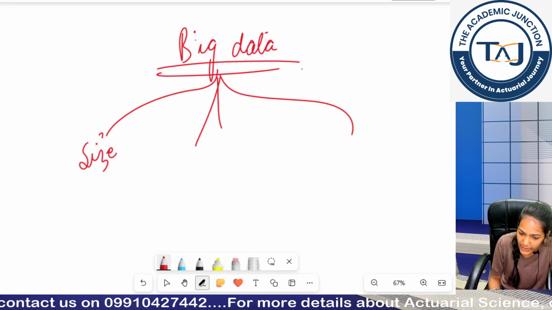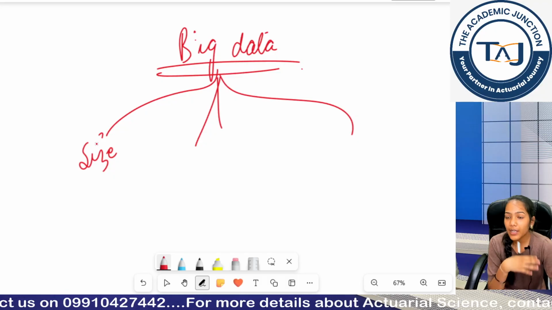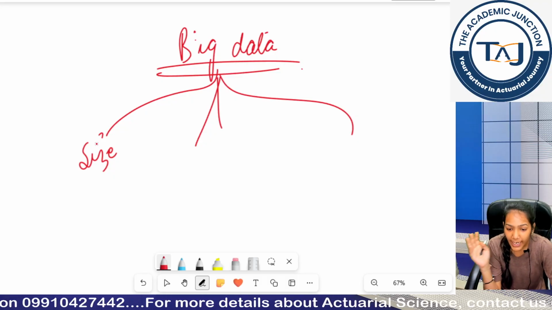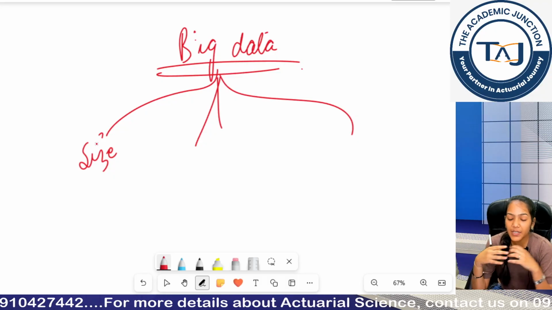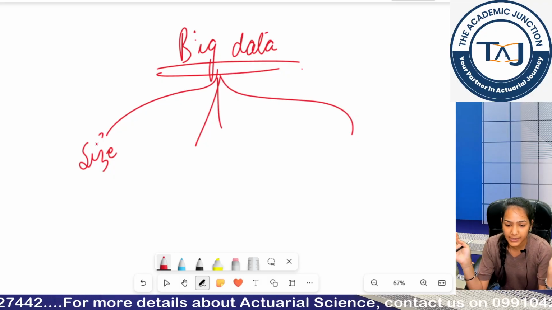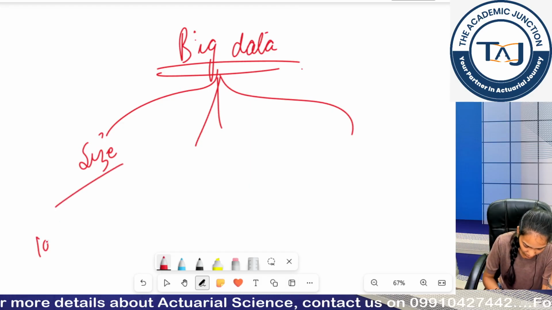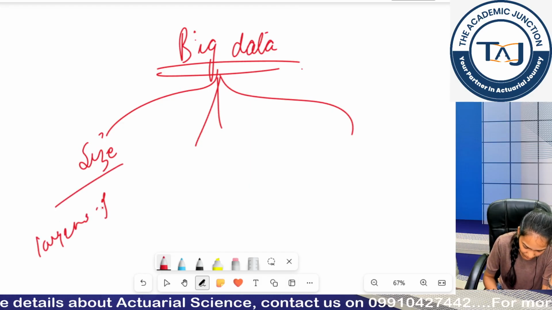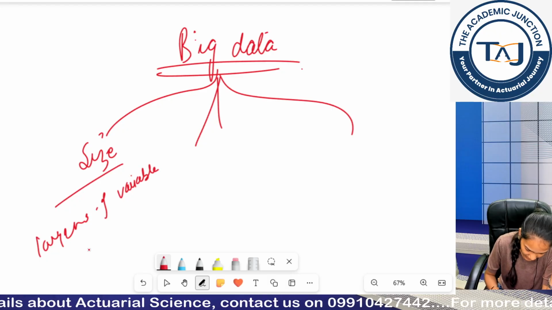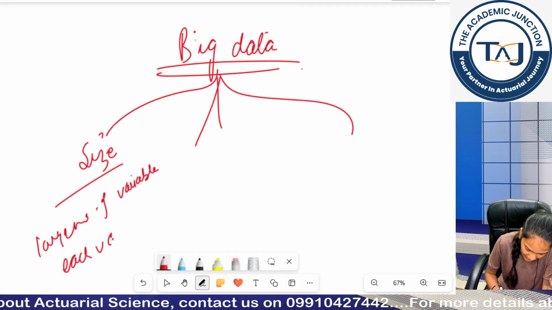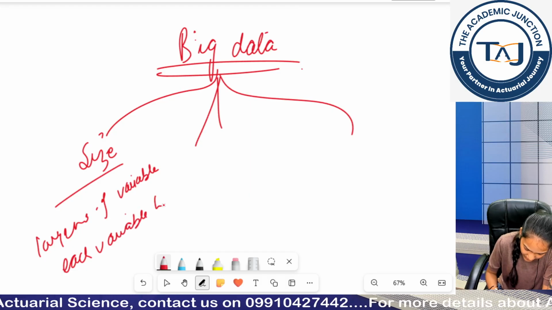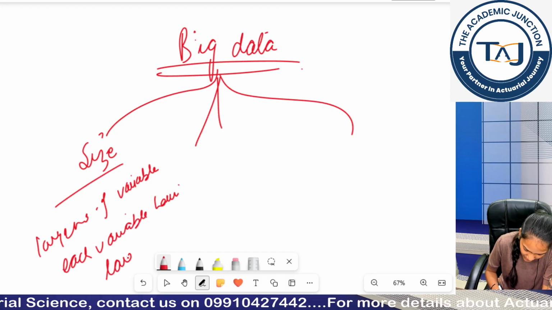First we talk about size. Firstly, we have a large number of variables, and each variable having a large number of cases.